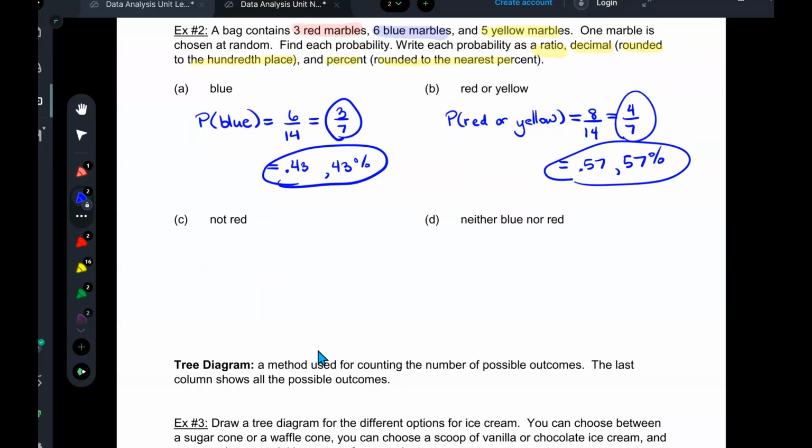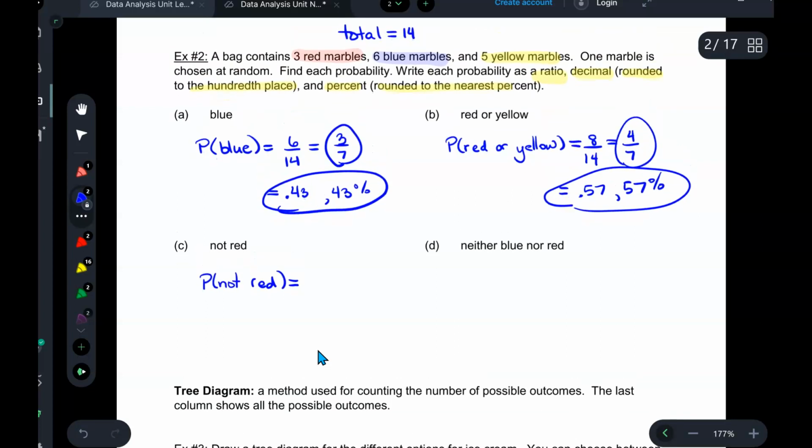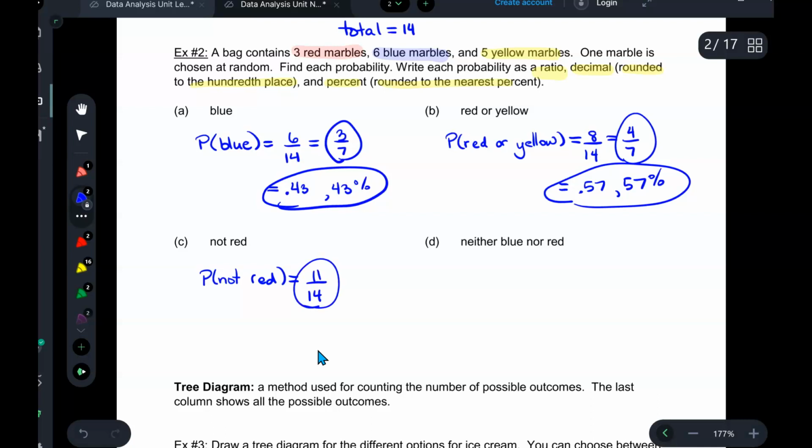Okay, so the probability of not red. That means it would have to be blue or yellow. So there are 11 of those. So 11 out of 14. That's also already reduced. And then as a decimal, plug that in, we get 0.79, or 79%.